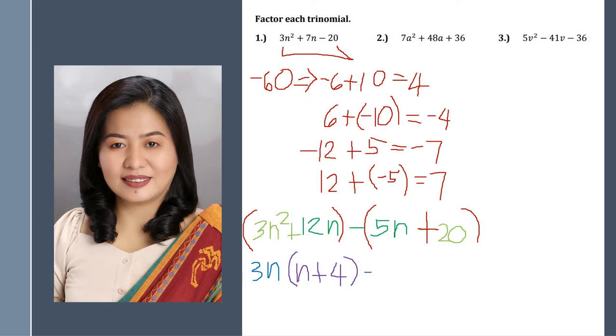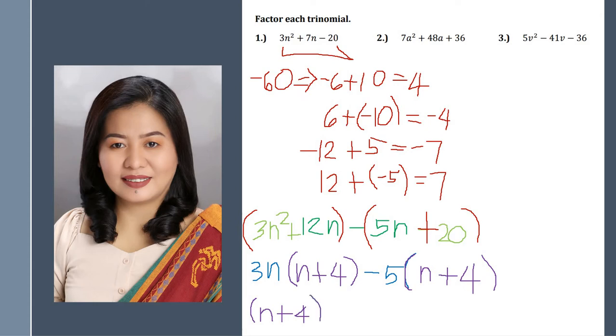Minus the common factor between 5 and 20, that is 5. So minus 5. 5n divided by 5 is n. 20 divided by 5 is plus 4. So as you can see, n plus 4 is actually common, so we just have to write it once. It's a combination of factoring by grouping and factoring using GCF.